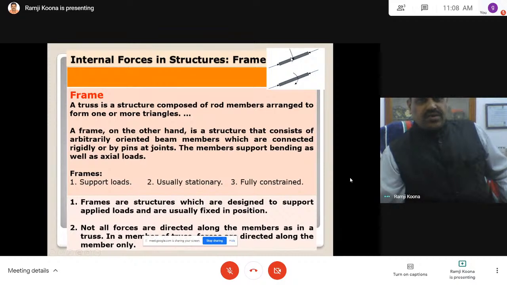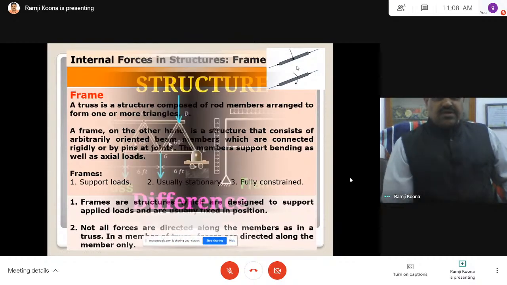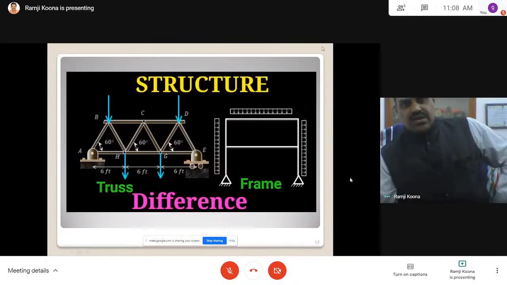That is the meaning of bending and axial loads. Due to this, it can be a force, a couple, a moment, a uniformly distributed load, UDL, a linearly varying load, a quadratically varying load, or a cubically varying load, etc. This is what we call a frame.